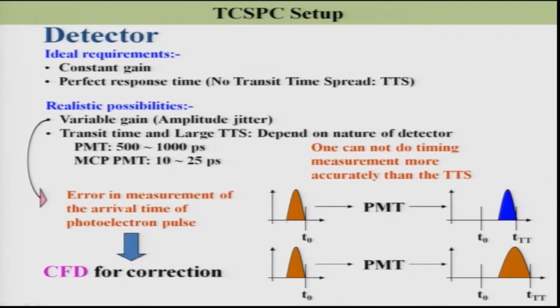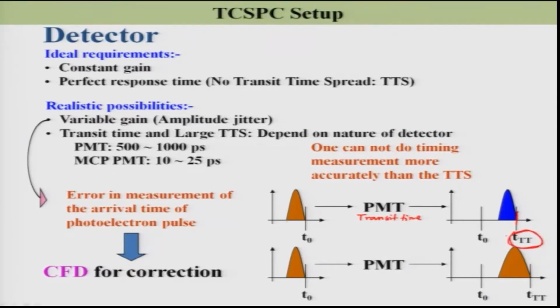Suppose this is my electron pulse, which is supposed to come at t0, but because of the transit time of the PMT, I am going to get this at time t.